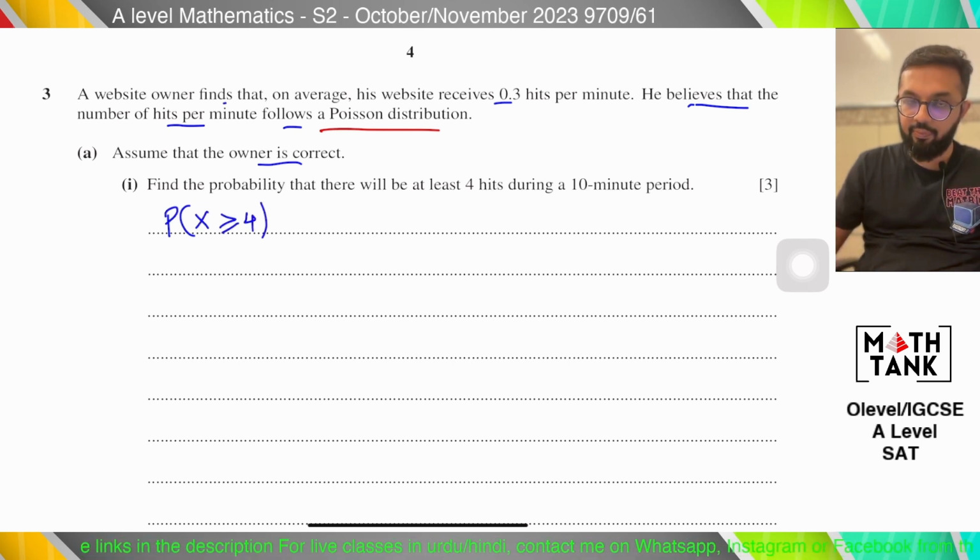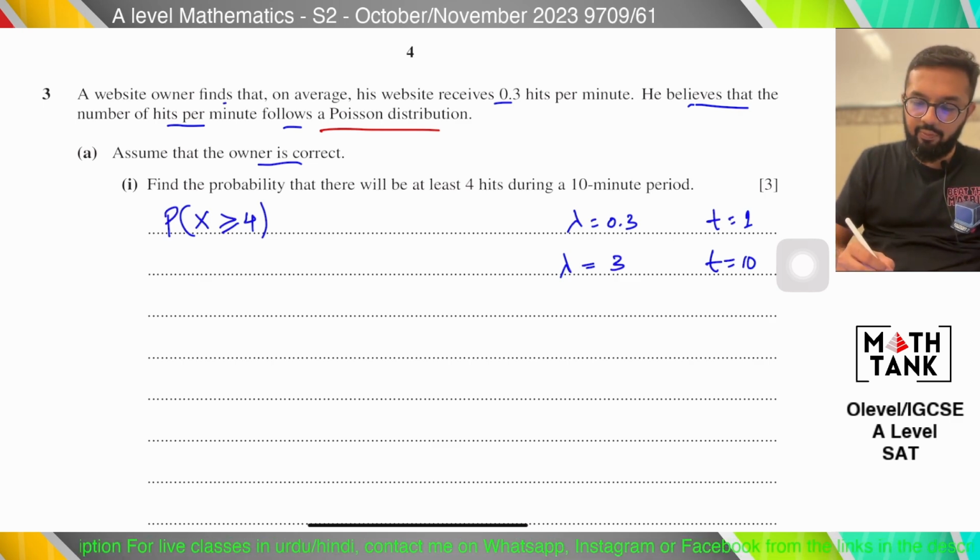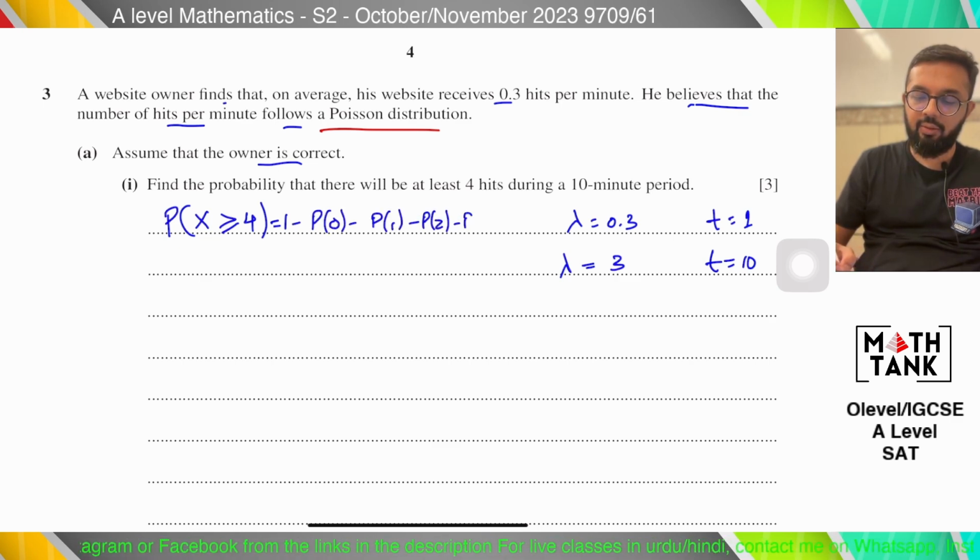Okay, so I will have to find the lambda for 10 minutes. The lambda is 0.3 times 10. I'm going to say that's 3 hits per 10 minutes. So my lambda is 3. And if I have to calculate at least 4, what I have to do is 1 minus probability of 0, 1, 2, and 3.